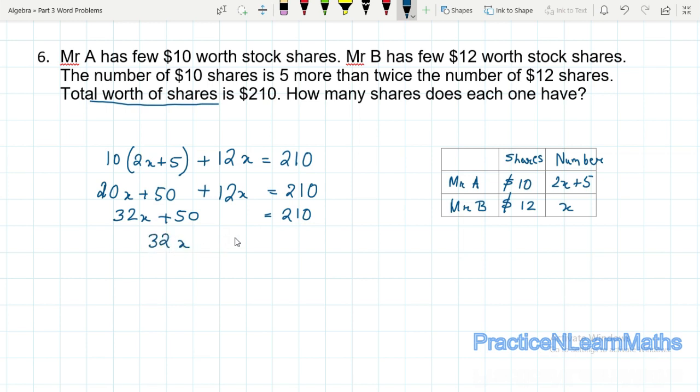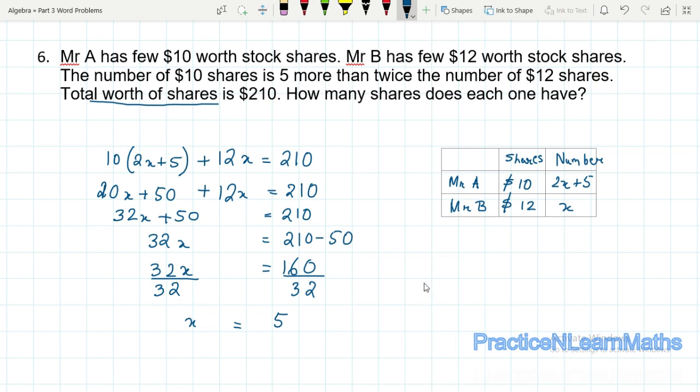Subtracting 50 from both sides, we get 32x equals 160. Dividing both sides by 32, x is equal to 5.